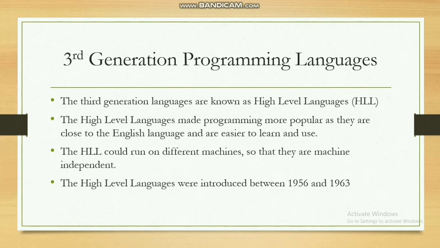But when it came to the third generation programming languages, the languages became machine independent. That means if one person developed a language, it could be used in multiple machines.